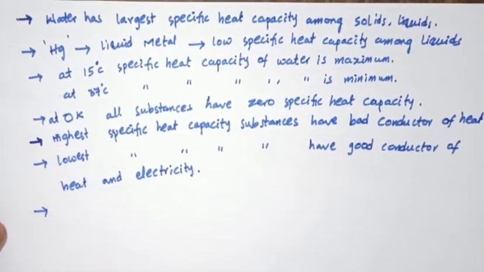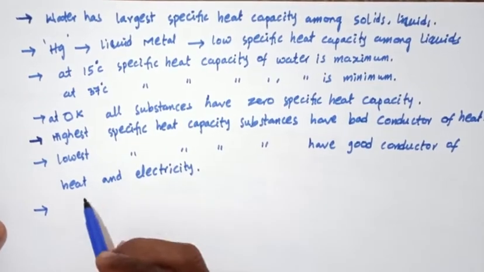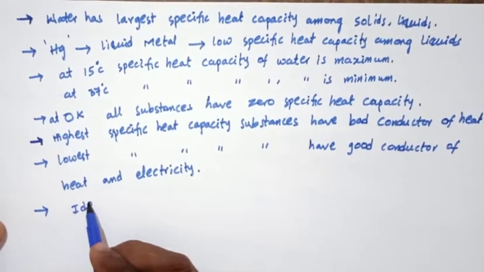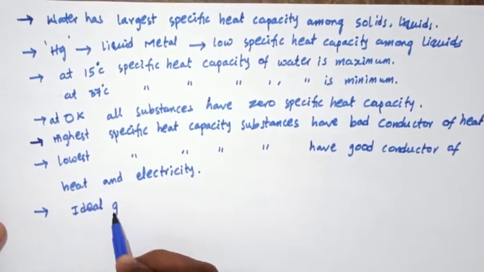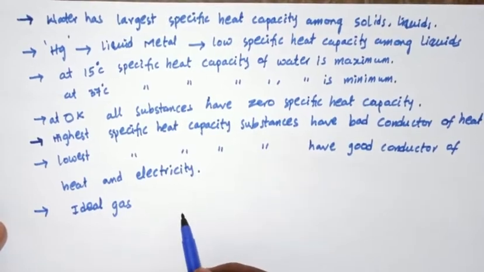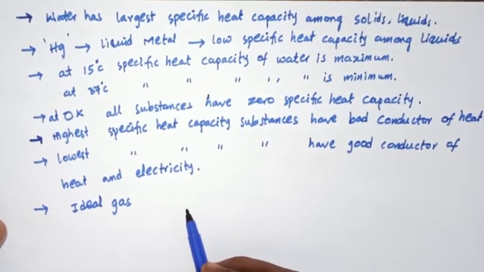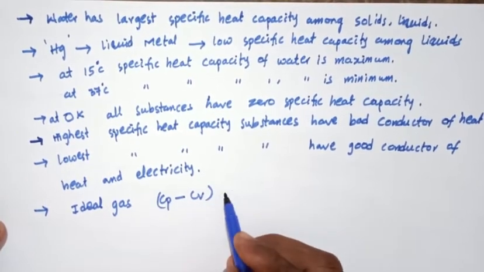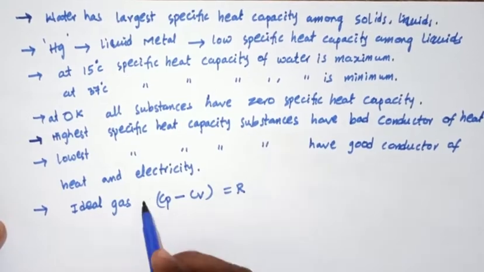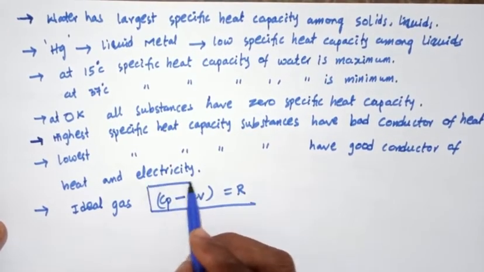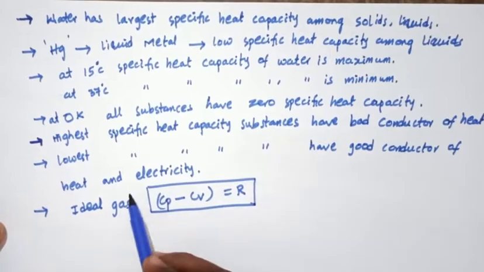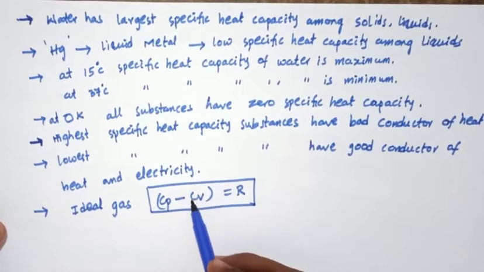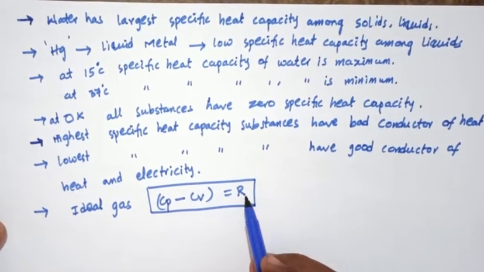Now we can derive the equation for an ideal gas, the relation between Cp and Cv. Cp minus Cv equals R. This is the relation between the molar specific heat capacity at constant pressure and at constant volume.